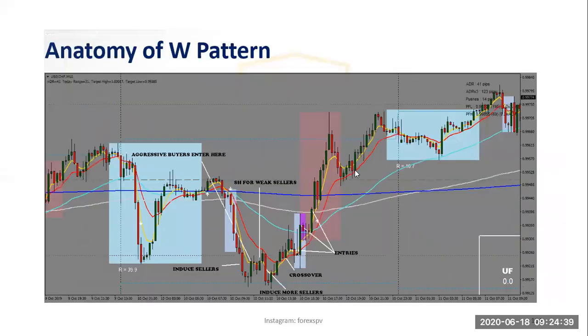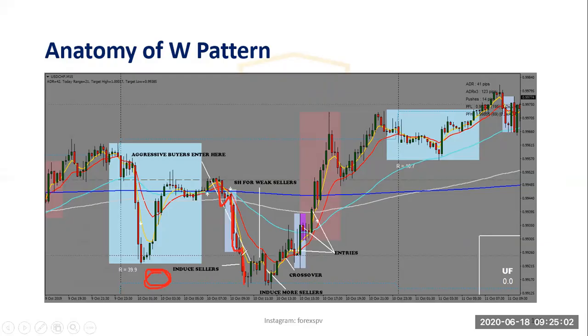And let's look at the W formation now. When the dealer is forming the W, first he'll be inducing people to take short trades. While inducing people to take short trades, he'll be opening his long orders, but also raiding the sell stops around this point.